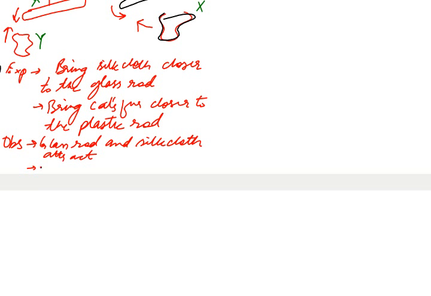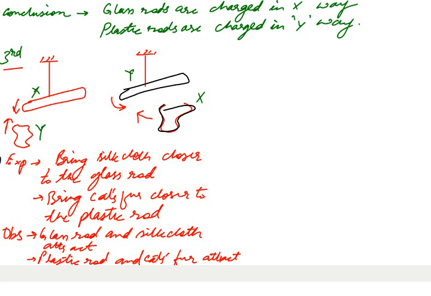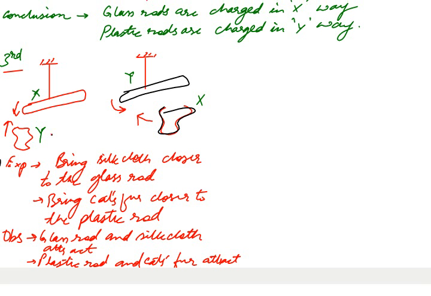Plastic rod and cat's fur also attract. So this is my third process, and what is my observation? That silk cloth and glass rod attract each other, and plastic rod and cat's fur attract each other.